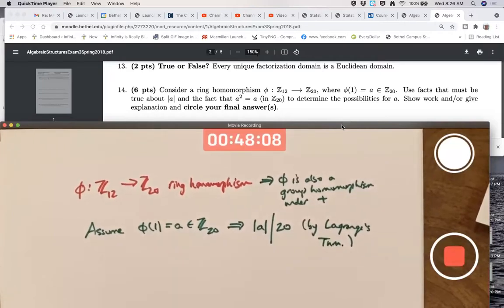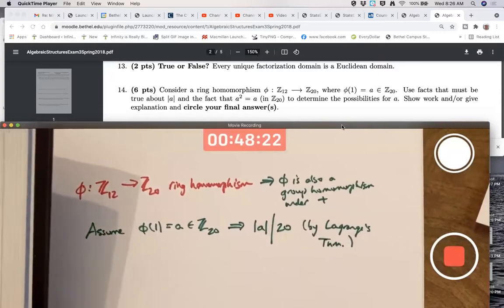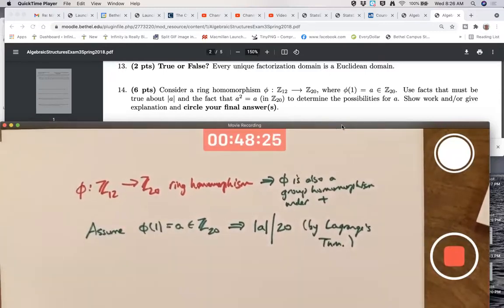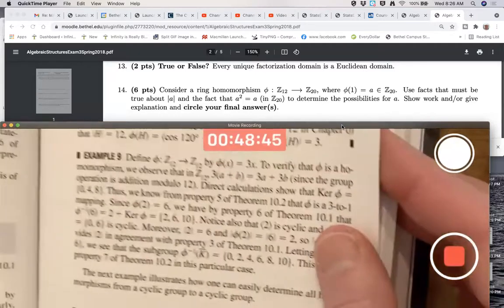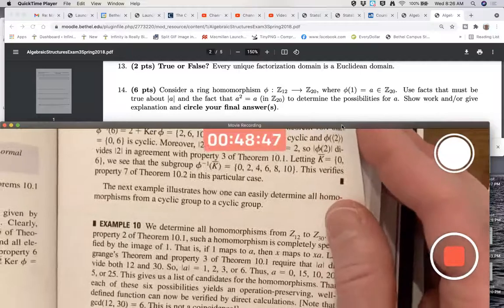Also, the additive order of A has to divide 12. Let's see, do we have a theorem that explicitly talked about that here? I'm looking back in chapter 10 on group homomorphisms. There's a similar example here, Example 10 in chapter 10.